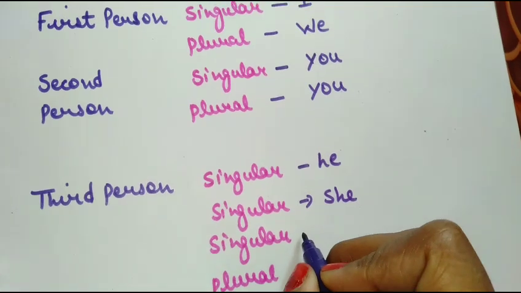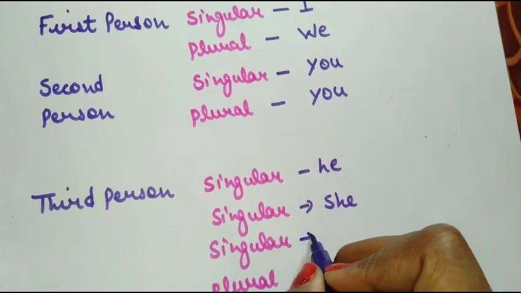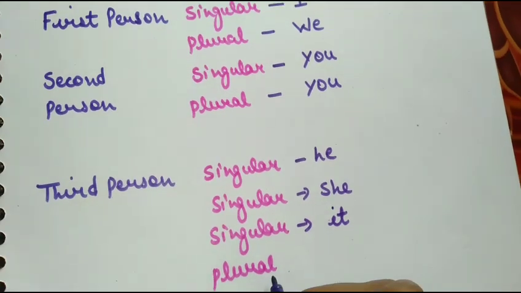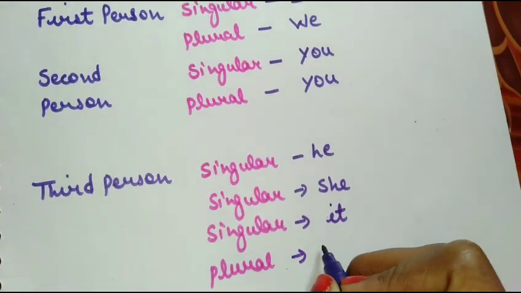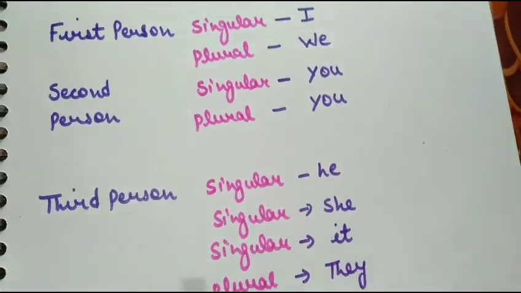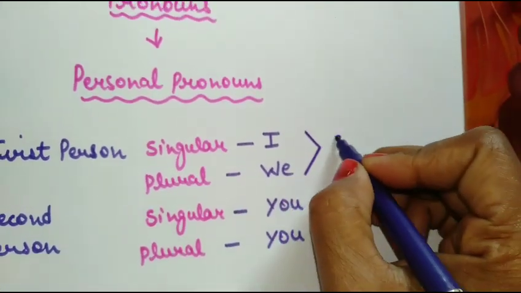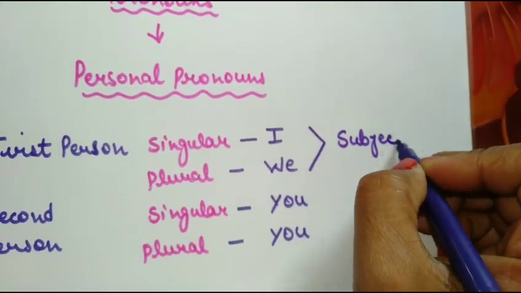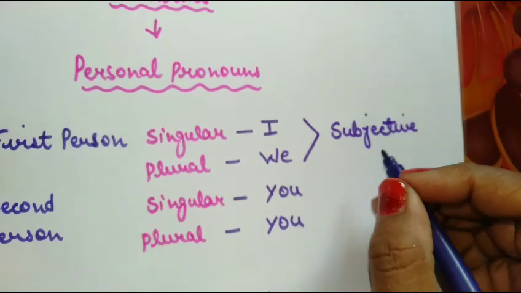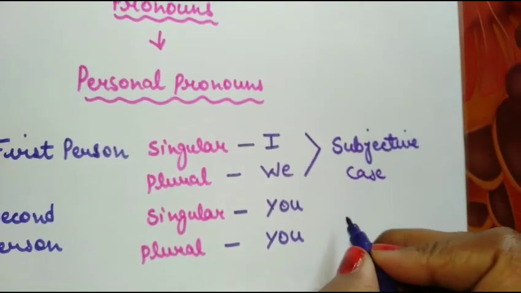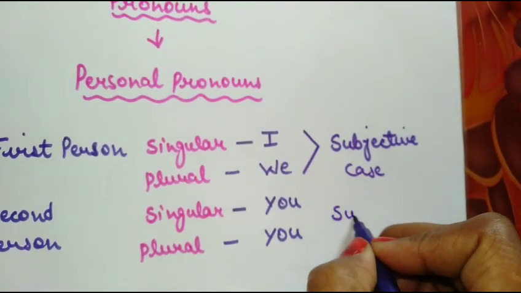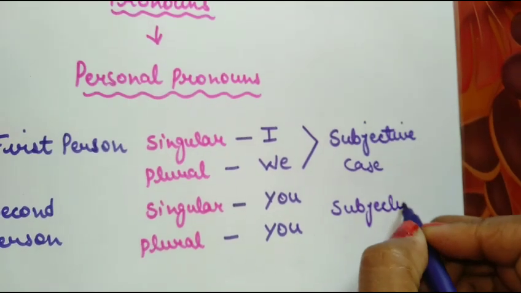And the last one, subjective case for singular will be it. And for plural, the subjective case will be they. We write over here subjective case. Same for you also.